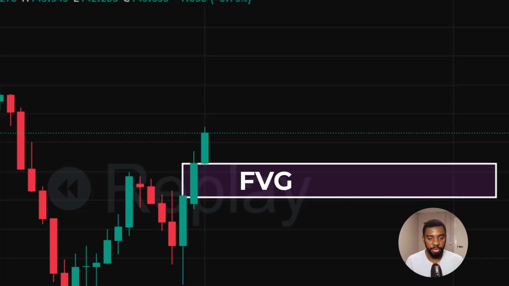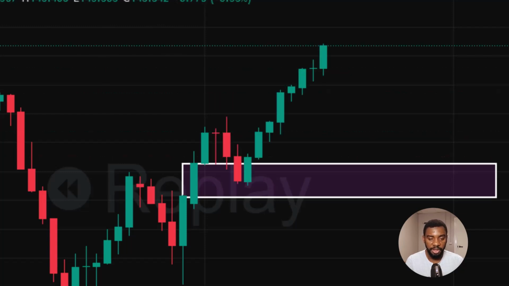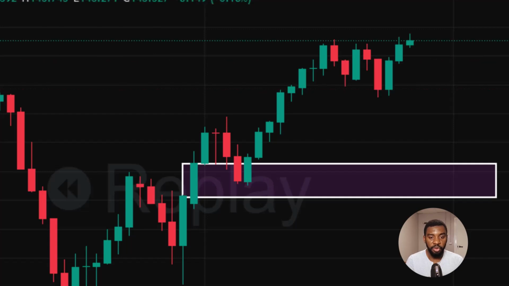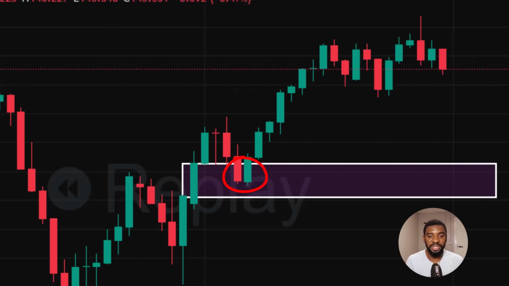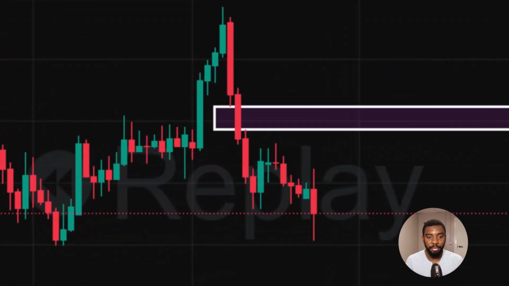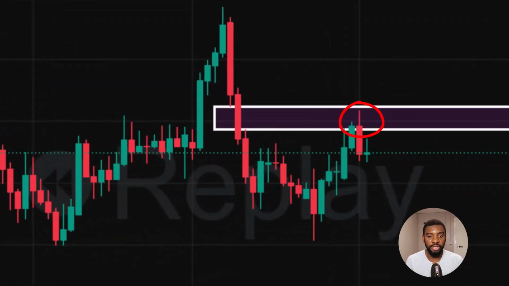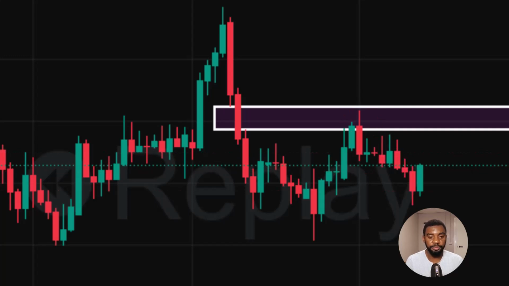Wait for retracement. After the gap forms, price often comes back. Fill the gap. For a bullish gap, price may dip into the gap zone. For a bearish gap, price may rally back up into it. This is your setup opportunity. Enter on confirmation.